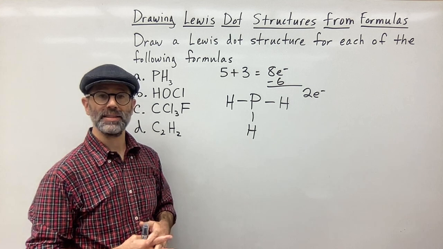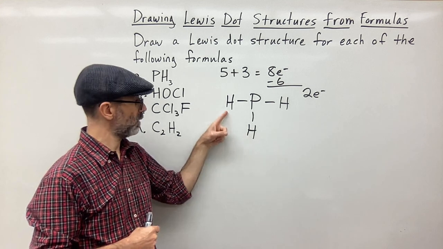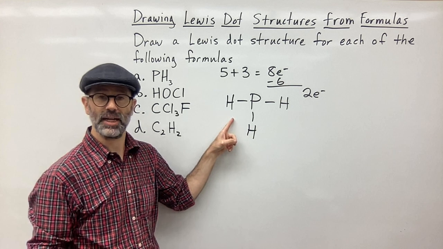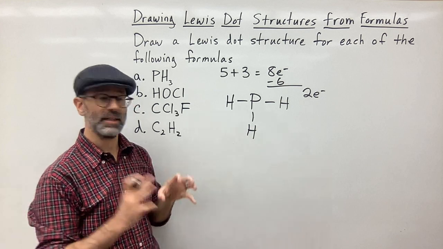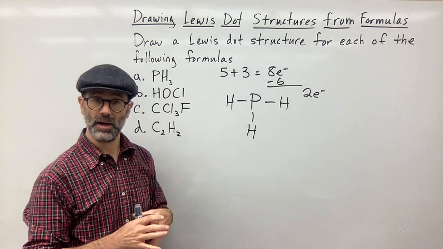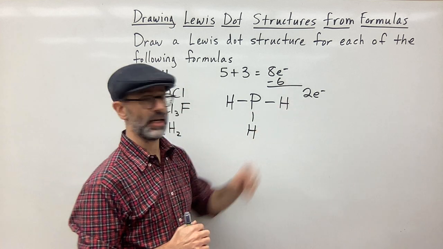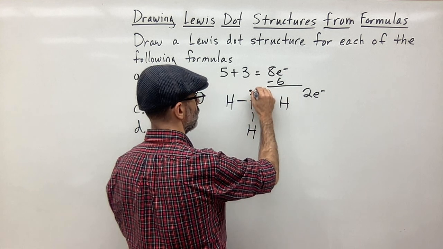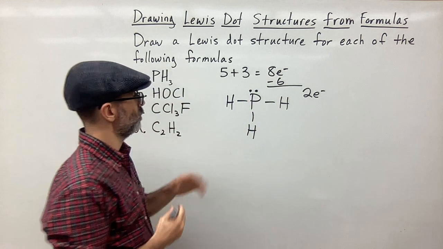Step 4 is, once I've given lone pairs to my outer atoms, if I still have electrons left over, all of the electrons left over will go to the central atom as lone pairs. So here I have 2 electrons, so I have 1 lone pair. I'm going to add the lone pair to the central atom.